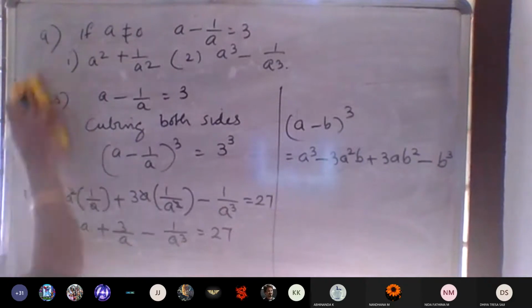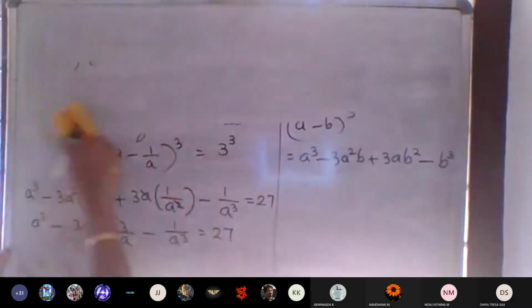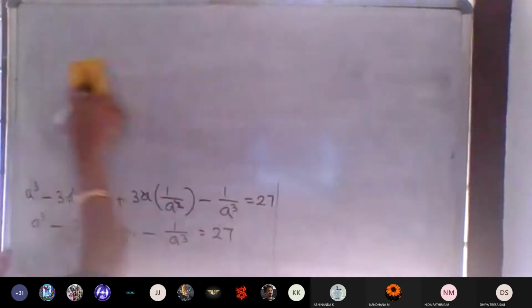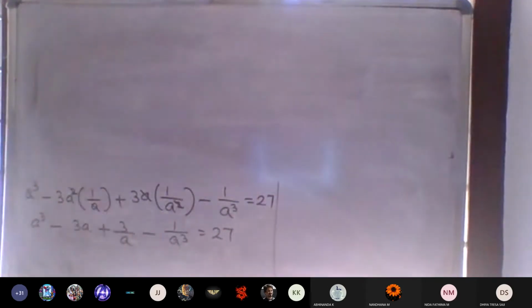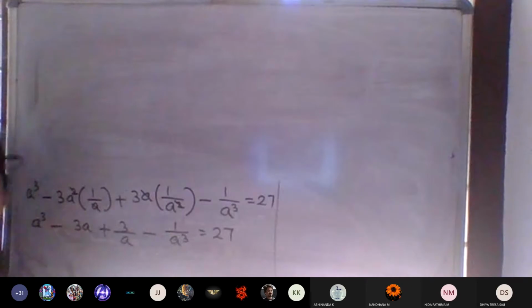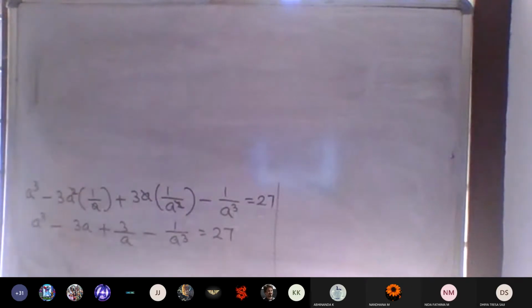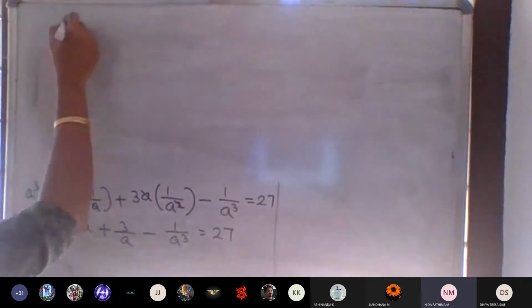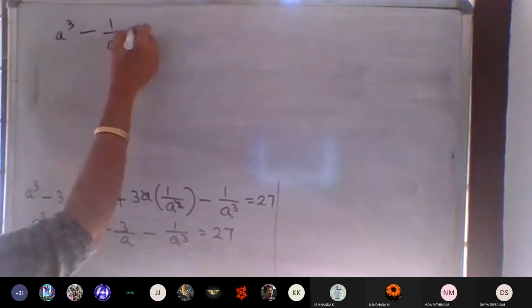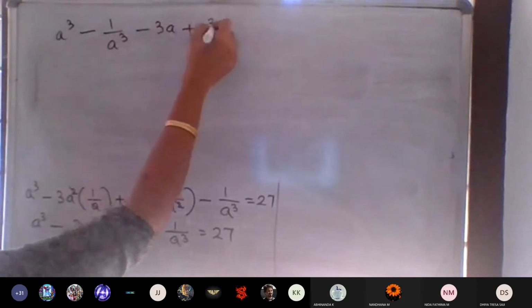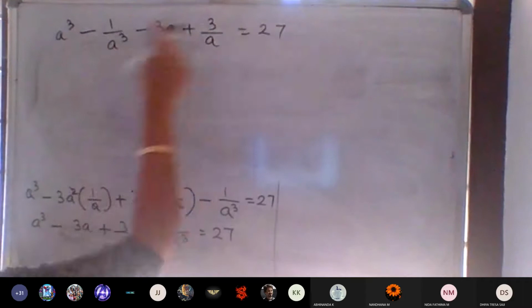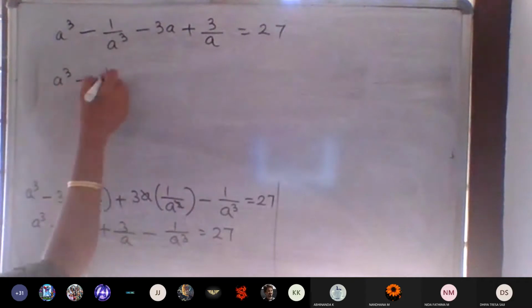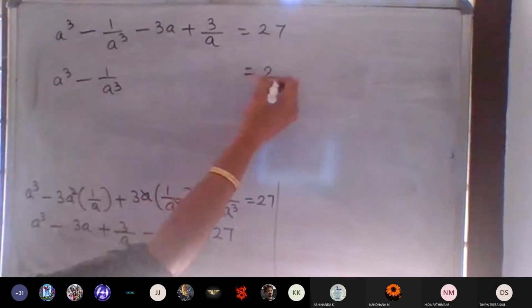Next step, tell me, then only I will write. Ma'am, rearrange. Okay. a cube minus 1 by a cube minus 3a plus 3 by a is equal to 27. We need only a cube minus 1 by a cube.